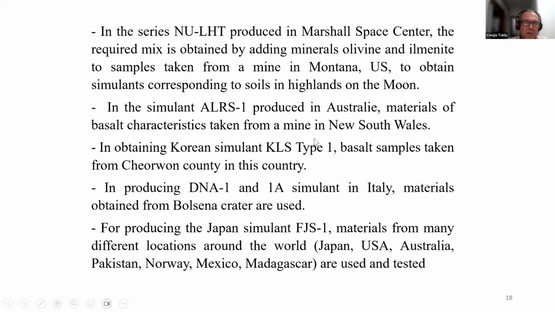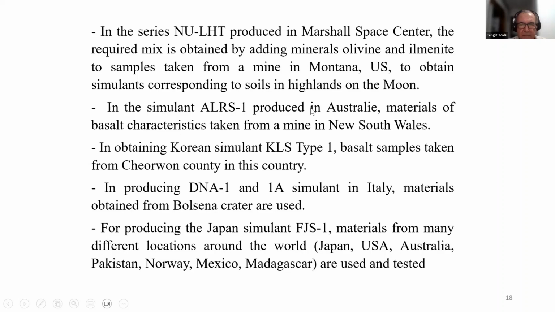Now, these products are obtained usually by going to volcanic places in the countries, taking soils from them and finding mixes so that they will be close to the soils brought from the Moon. I have given here a few examples. For example, the product obtained at Marshall Space Flight Center was obtained by adding the minerals olivine and ilmenite to samples taken from a mine in Montana.